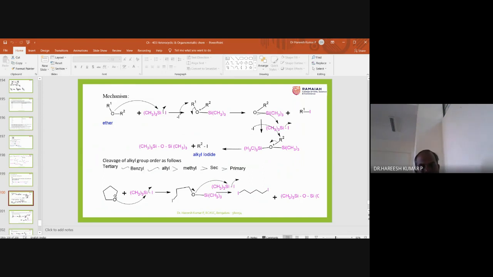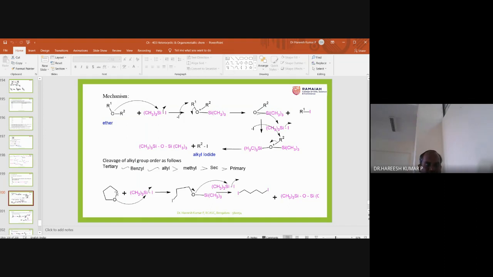Here I am taking one example. Name of this compound is tetrahydrofuran. Furan is an aromatic compound. Furan contains two double bonds. Those two double bonds are hydrogenated, and a tetrahydrofuran is obtained. Tetrahydrofuran is a colorless liquid having a boiling point around 65 degrees centigrade.